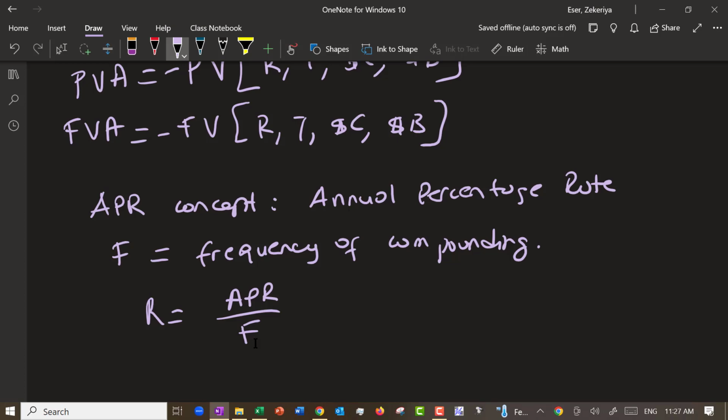Periodic interest rate is going to be 3%, because there are 2 semi-annual periods in a year. And T is number of years times F. Okay? So if it's a 7-year car loan, that means there are 84 payments. Because there are 12 payments every year.